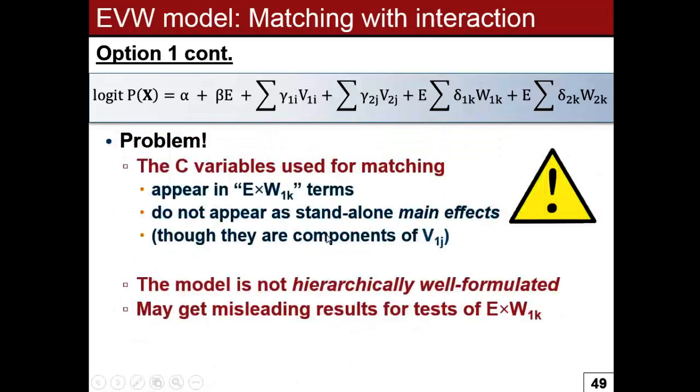So that's one way to think of this model. The problem with this is if I had an exposure by sex term in my model, I don't have sex alone in the model. It was part of what went into the matching process. You were just pair ID 17 and you happened to be women, but I didn't control for sex as its own entity.